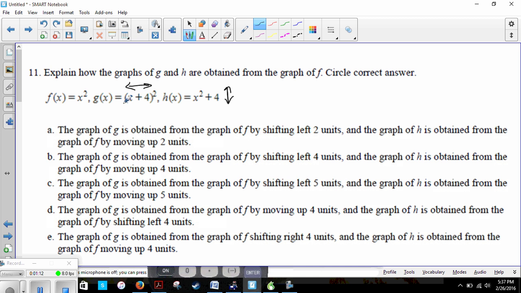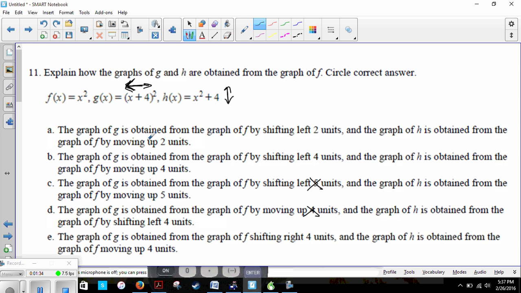So we can get g from f by taking my f and translating it 4 units to the left, because it's actually going to go the opposite way that it looks when you're talking about being inside of the function. And so you can see here's a 5, and this is up, and so that's not going to work.